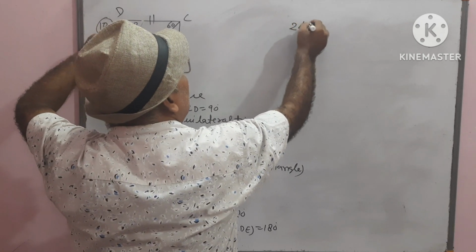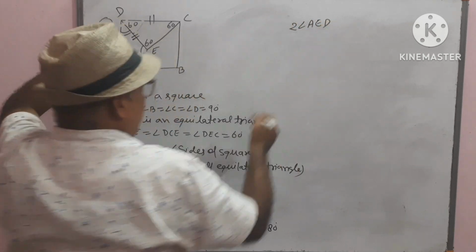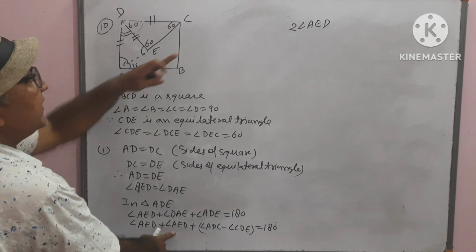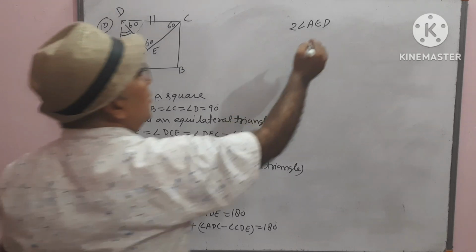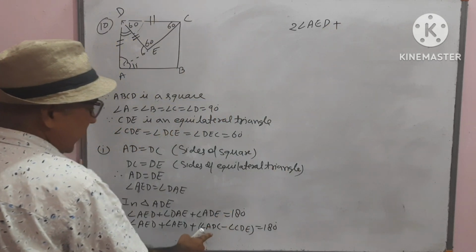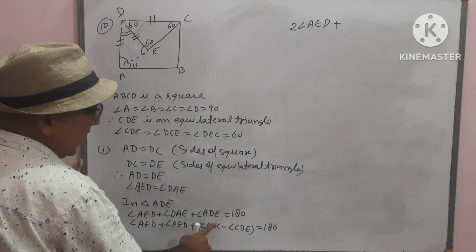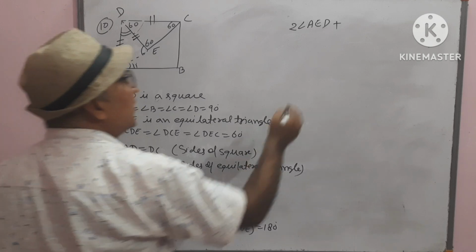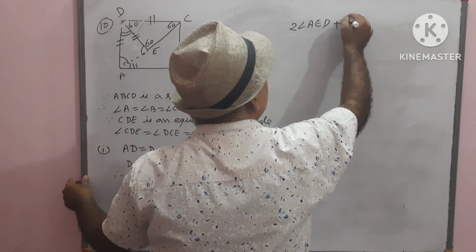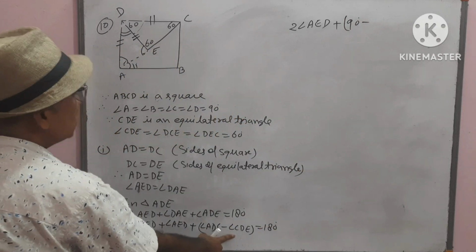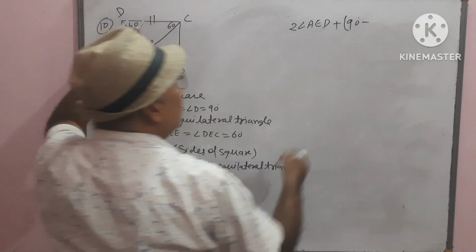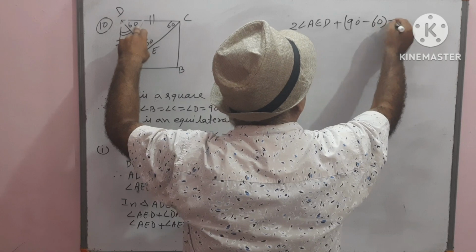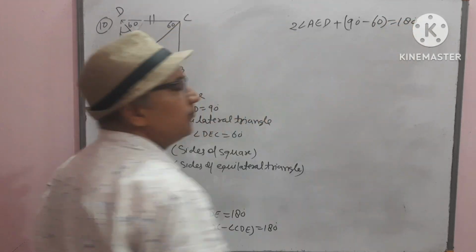Now, AED plus AED becomes 2 AED, plus ADC, which is the angle of a square, so this will be 90 degrees, and minus CDE, the angle of the equilateral triangle, so this will be 60 degrees.